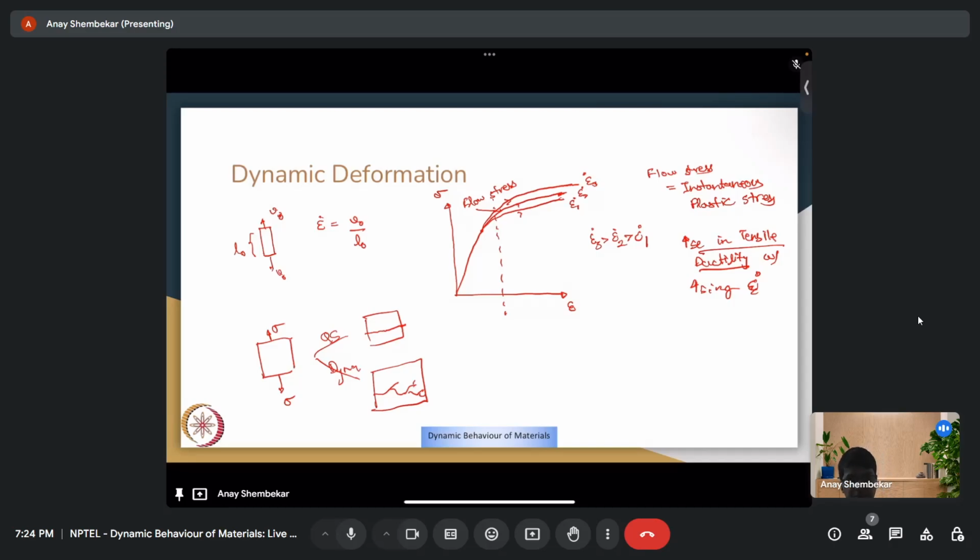So different kinds of failure mechanism arise for both tensile and shear loading when we compare quasi-static to dynamic loading.